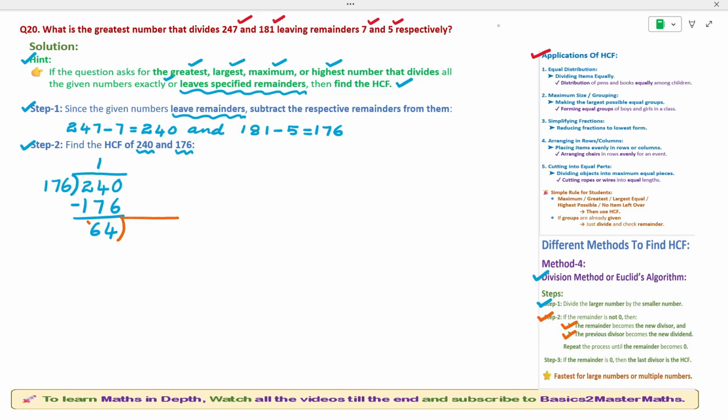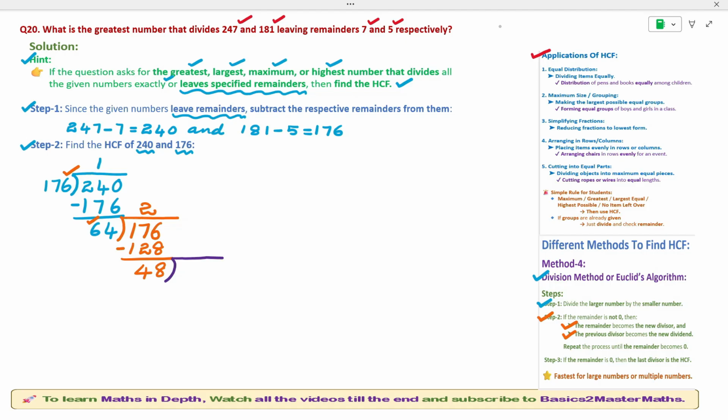In this case, 64 becomes the new divisor and 176 becomes the new dividend. When we divide 176 by 64, we get 2 as the quotient and 48 as the remainder.